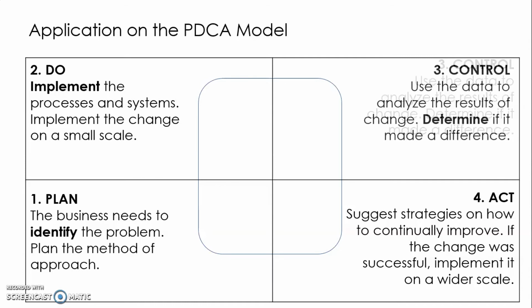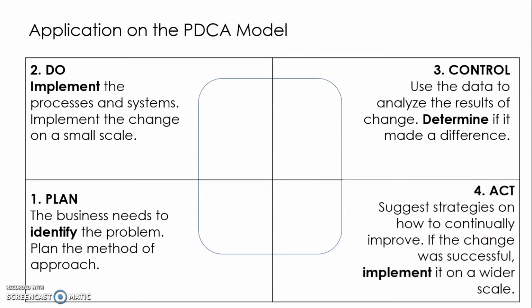Our third keyword for control is determine. Determine here if what we are doing is making a difference. Then our last keyword is implement. Again, we use the word implement, but this time we need to remember that if our strategy is working, we will implement this strategy on a wider scale.